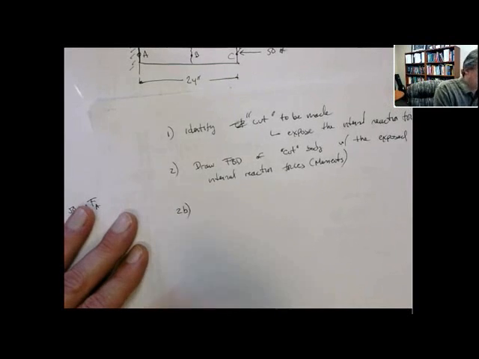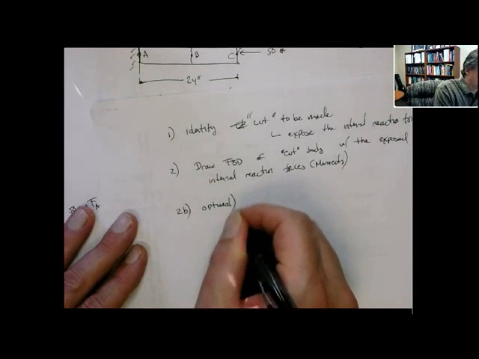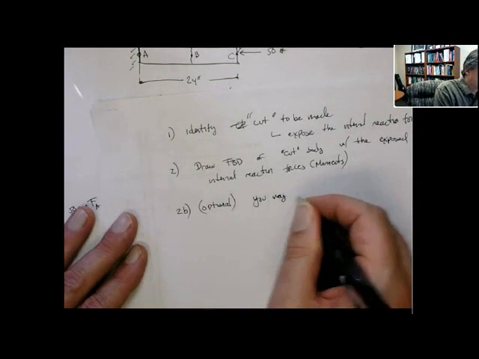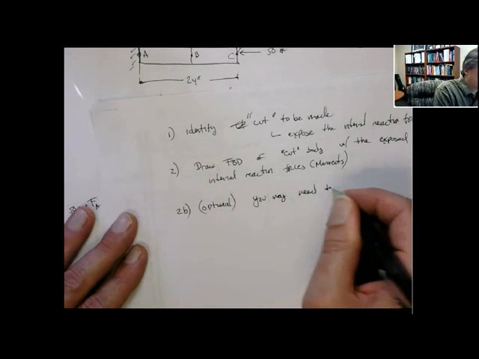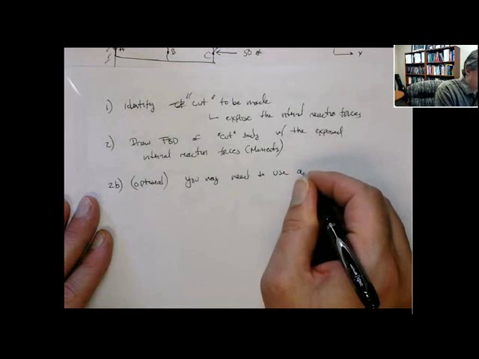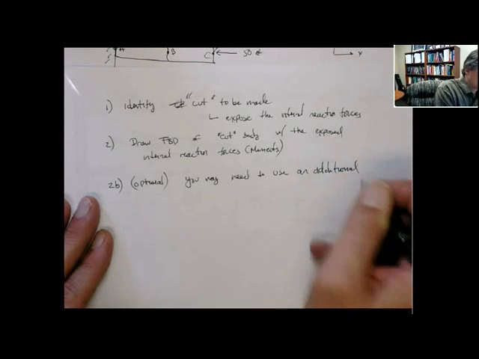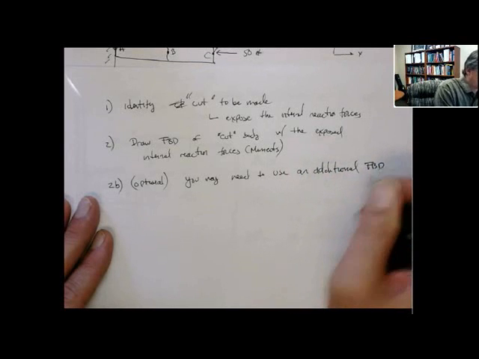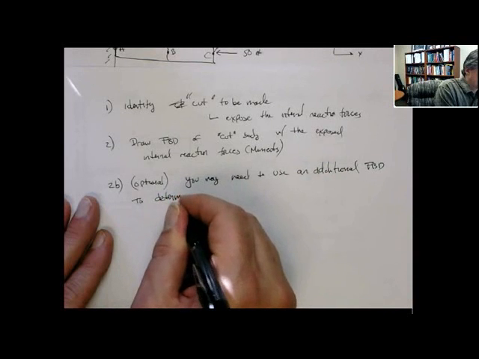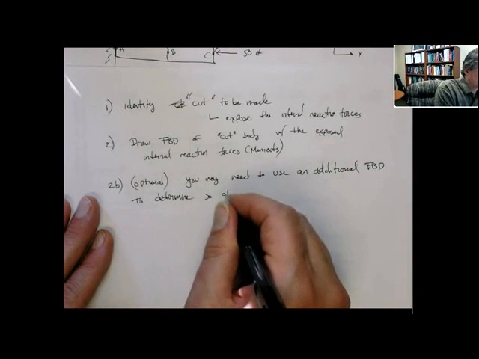Now, this one's kind of optional. Maybe it's step 2B. You won't always have to do this, is maybe a better way to say it. You may need to use an additional free body diagram to determine some of the external reaction forces.